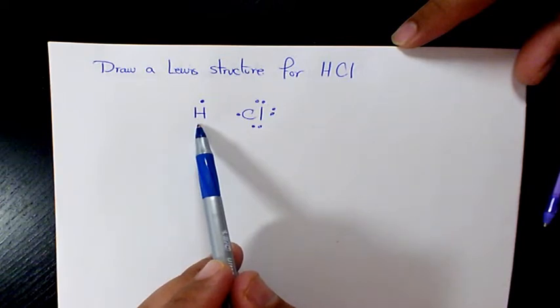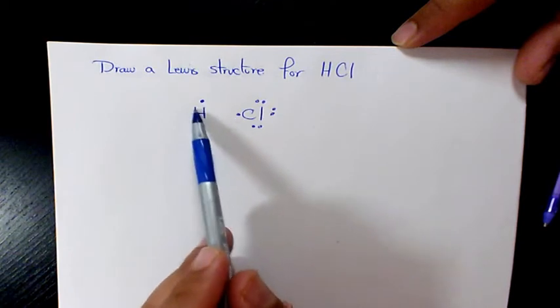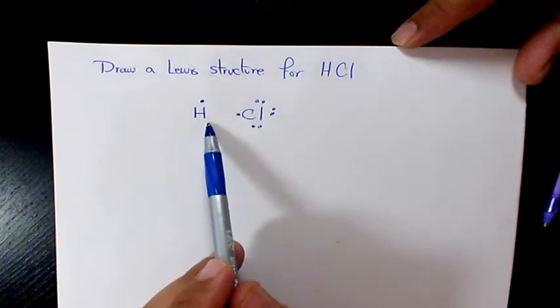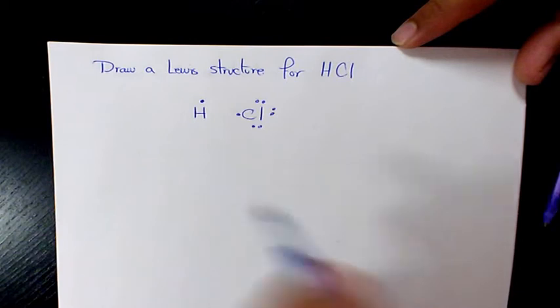The bonding capacity for hydrogen is 1, because hydrogen belongs to period number 1, and helium has 2 electrons in the valence shell. So we need one more electron in order to get the same electron configuration as helium. So the bonding capacity for these two is 1.